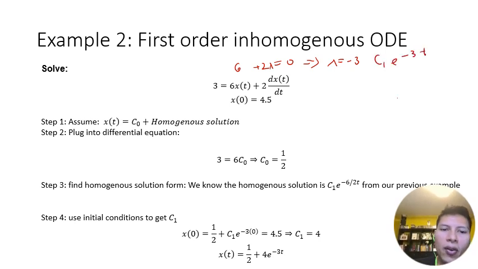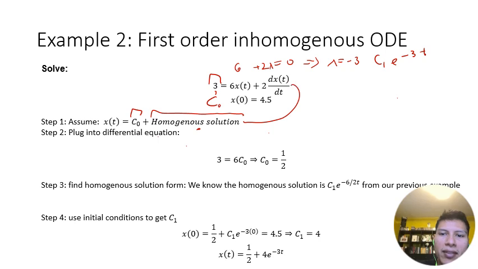Okay, so like I said before, we're always going to take the form of the forcing term. In this case, our forcing term is a constant. So we're just going to have c0 plus a homogeneous solution. It doesn't matter what our homogeneous solution is, because when we plug this back into the differential equation, the homogeneous part will disappear.